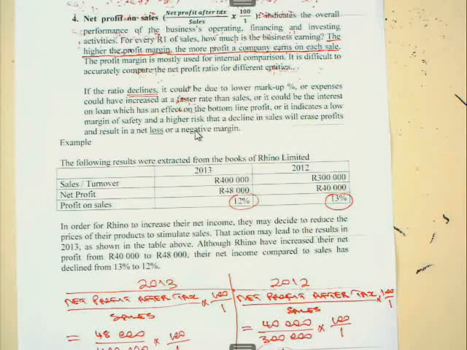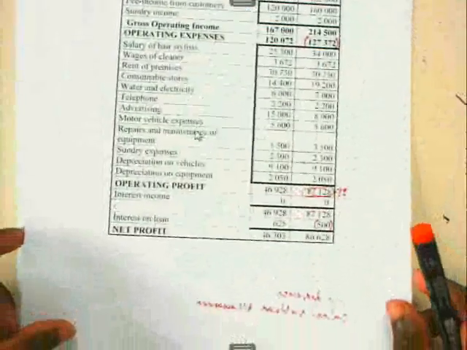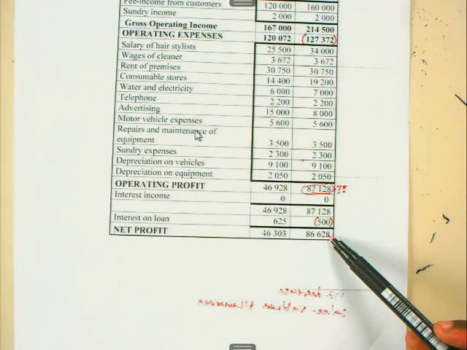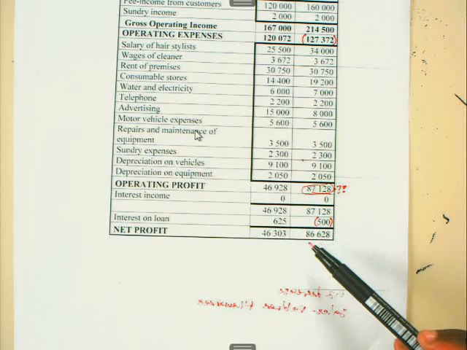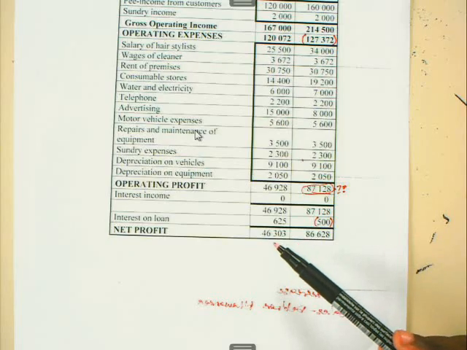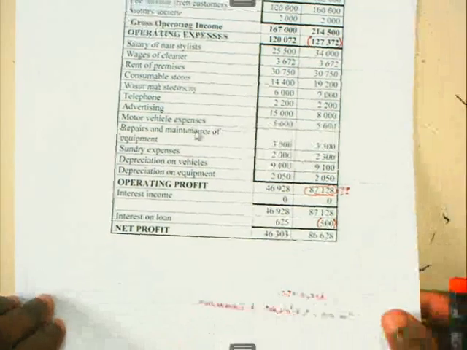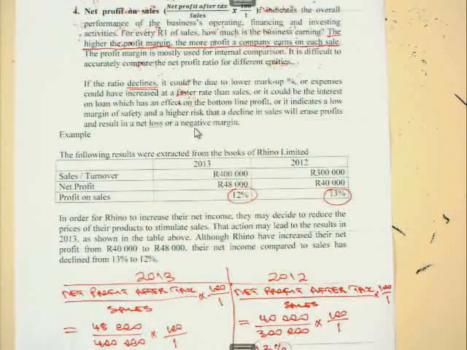The same is true because if you check this activity here, our net profit was 86,628. It declined to 46,303. And if this scenario is allowed to continue, then the business is at risk, because this could lead to a net loss or a negative margin.